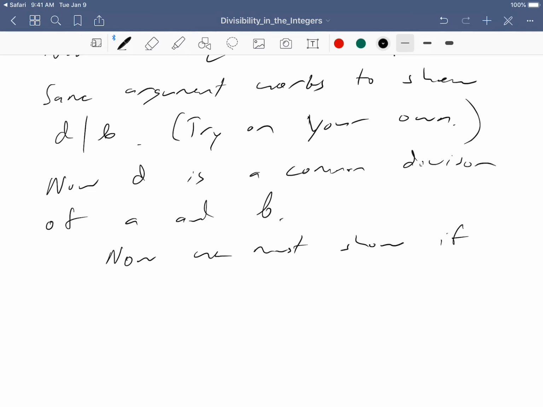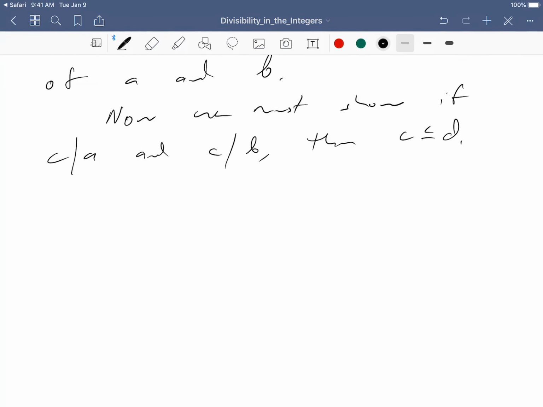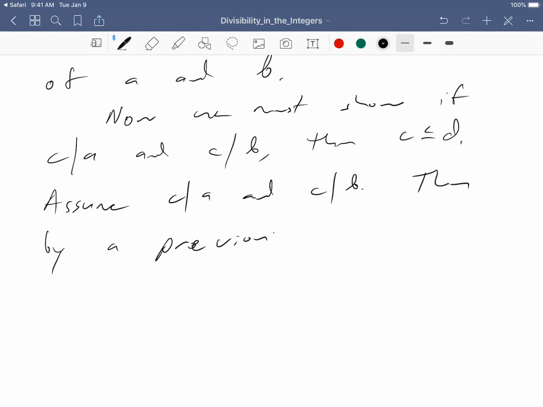And so that means if C divides A and C divides B, then C is less than or equal to D. All right, so how are we going to do that? So let's assume C divides A and C divides B. Then we had a previous lemma. It was lemma U in the textbook.